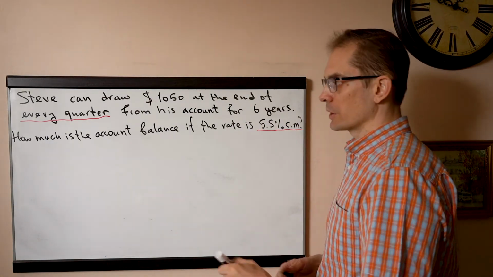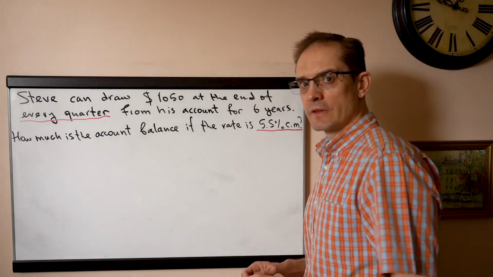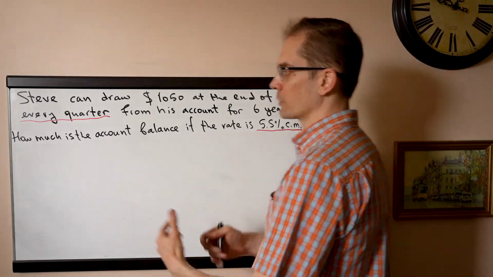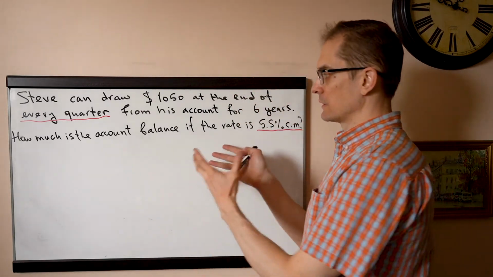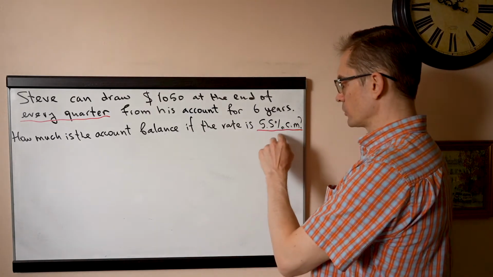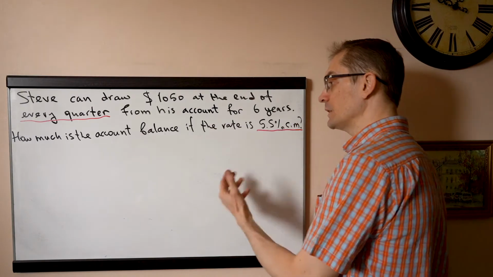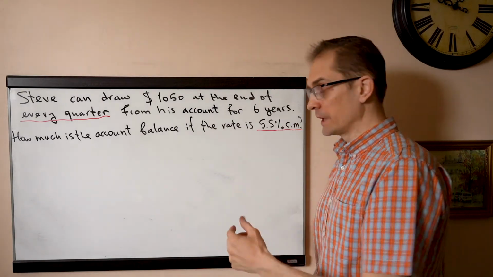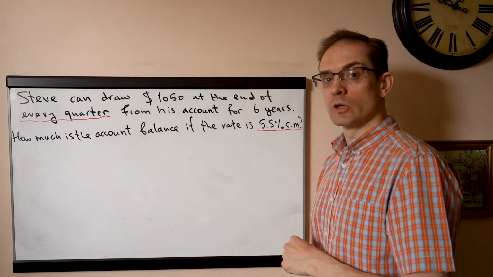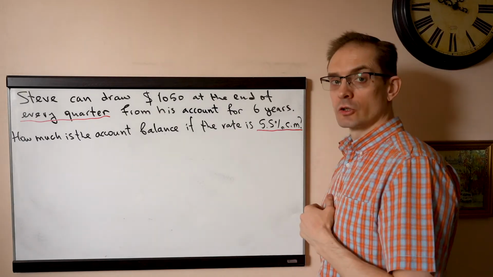Okay, so because it's a general annuity, we'll do the same thing. We will have to convert the rate to make that annuity simple. So we need to take 5.5% compounded monthly and find the equivalent rate, which will be compounded quarterly.